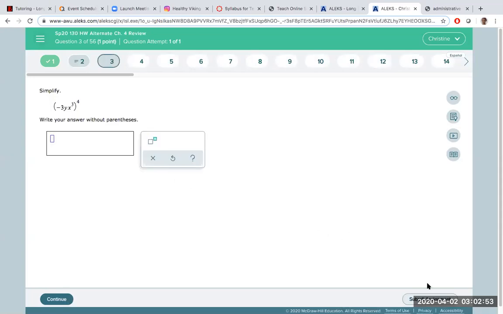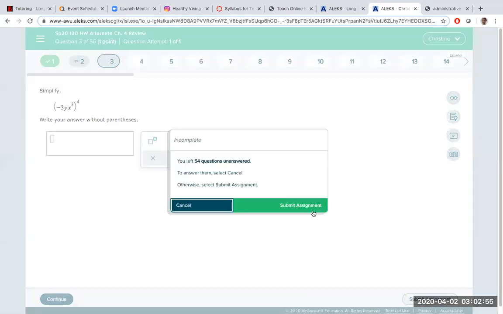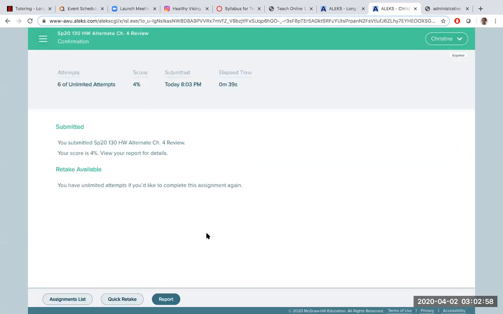Okay, so I'm going to submit to see if I got that correct. And you can see I did get it correct because my score went up. Yay. Okay, so score goes up. And then I can go back to my assignments list.